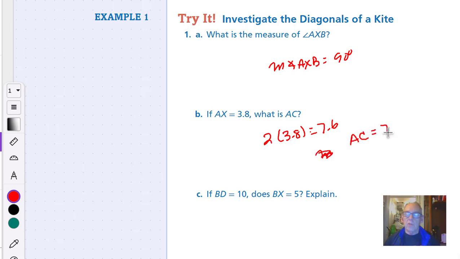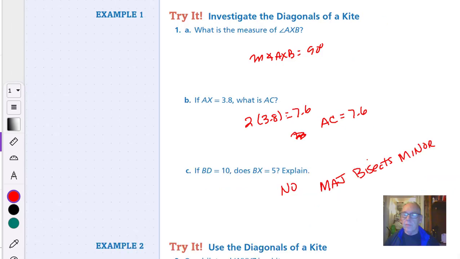AC equals 7.6. And no for this one, the major diagonal bisects the minor, not the other way around. Okay, let's move on.